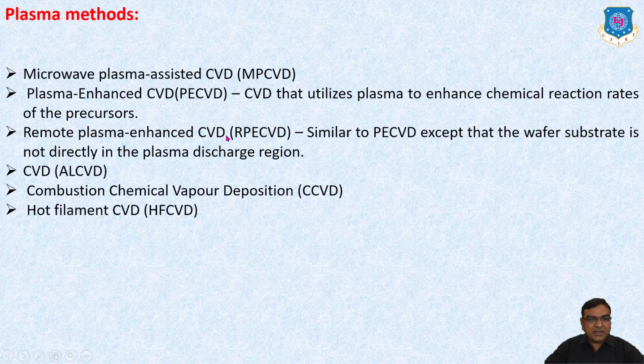Remote plasma enhanced CVD, that is RPECVD, is similar to PECVD except that the wafer substrate is not directly in the plasma discharge region. Others include atomic layer CVD, ALCVD, combustion chamber vapor deposition, CCVD, and hot filament CVD, that is HFCVD.